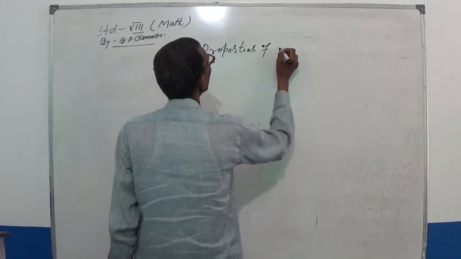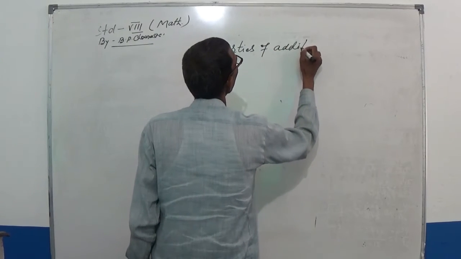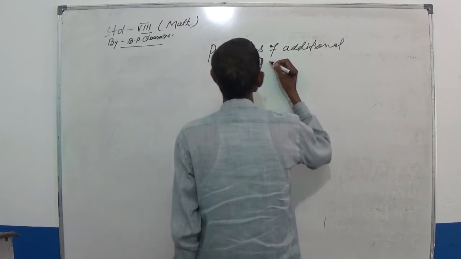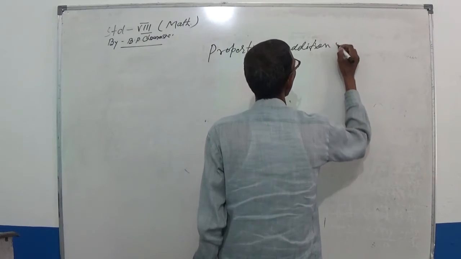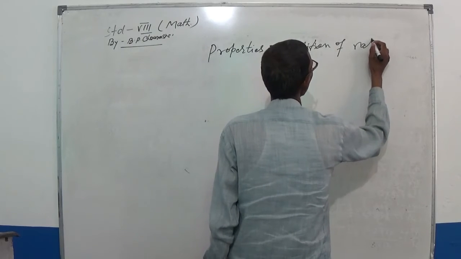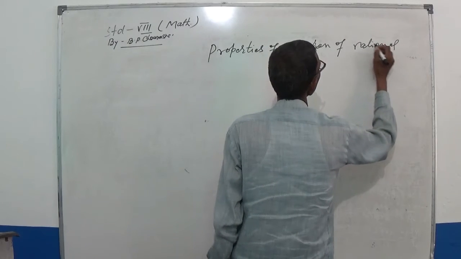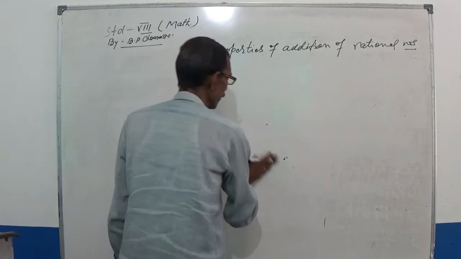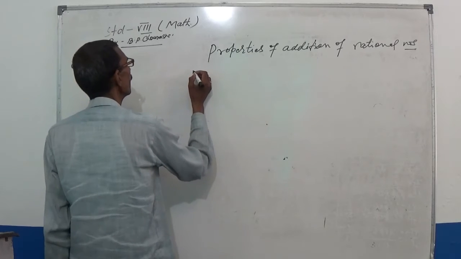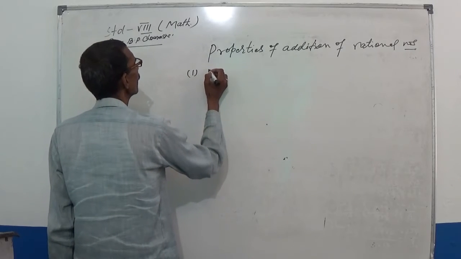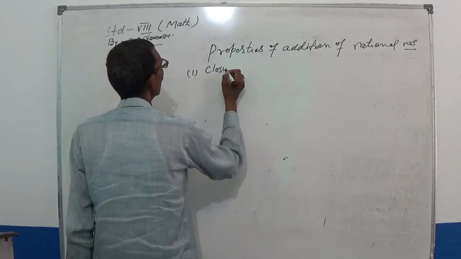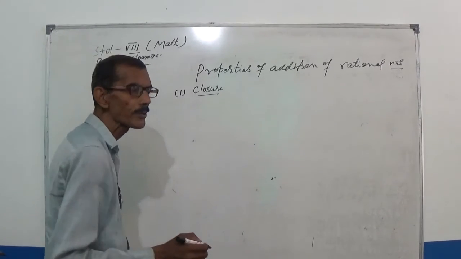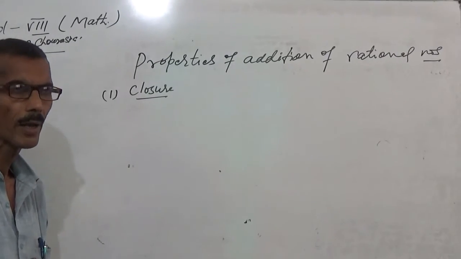Properties of addition of rational numbers. First, closure. Rational numbers are closed under addition.